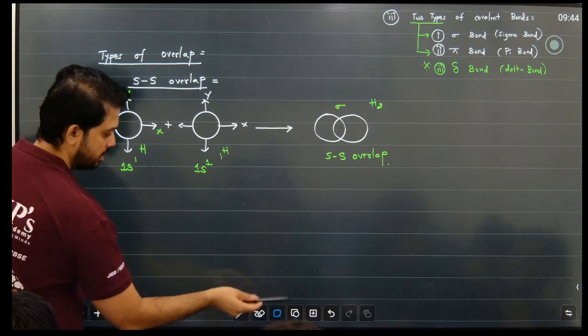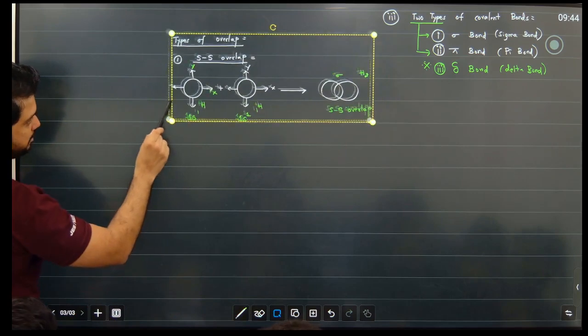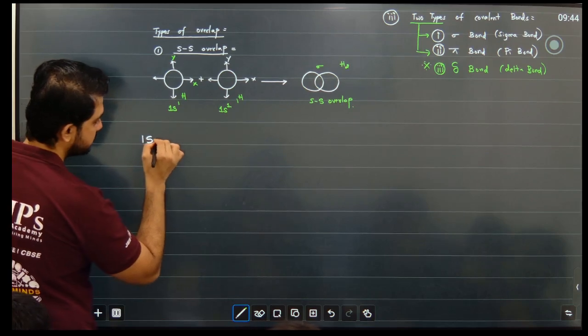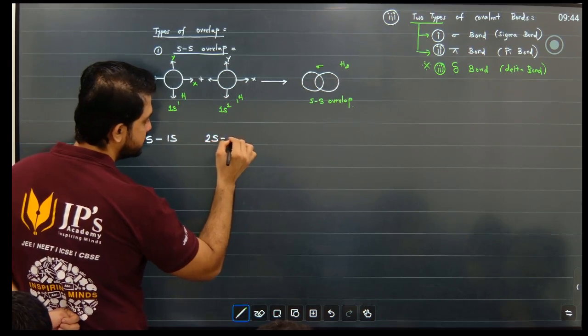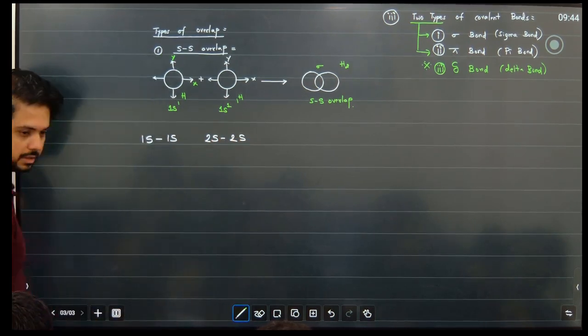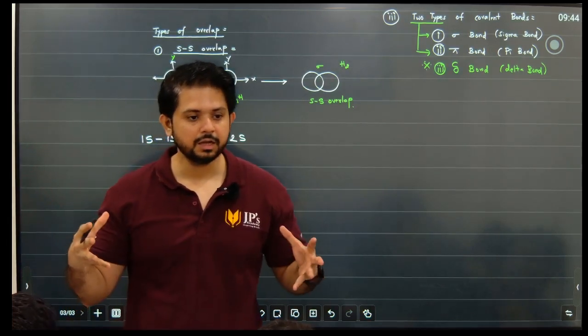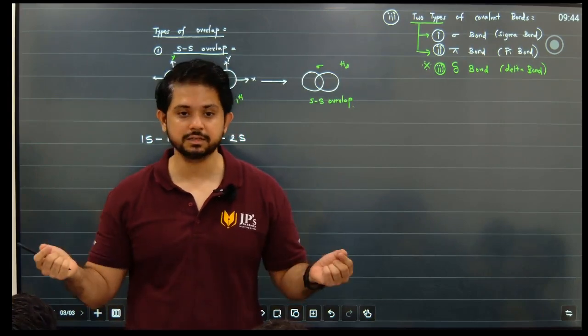Now, if I compare the extent of overlap, इसका मतलब, let's say I compare 1s and 1s overlap with 2s and 2s overlap. Obviously, जैसे 2s का size is bigger than 1s, the distance between the nuclei will increase.